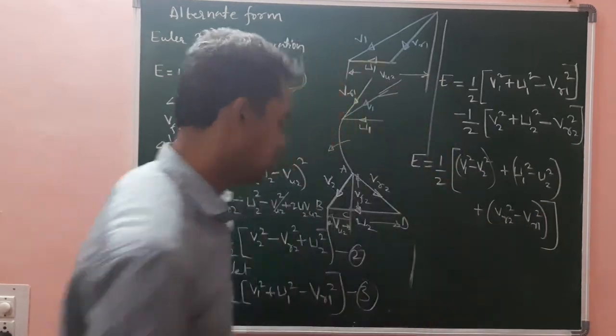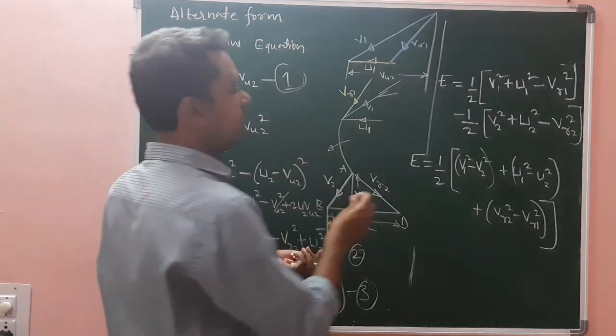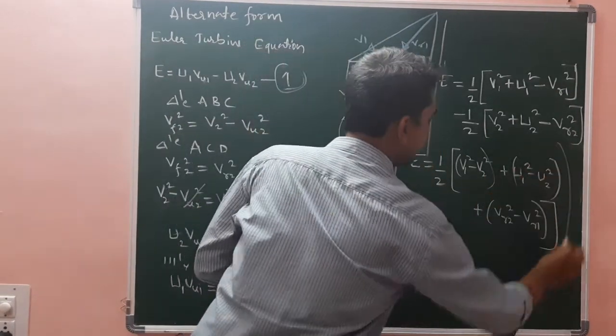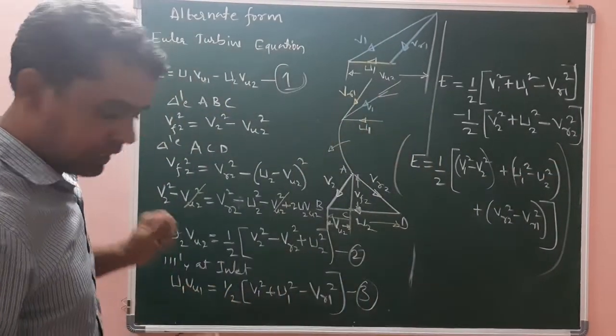This equation is called the alternate form of Euler turbine equation.